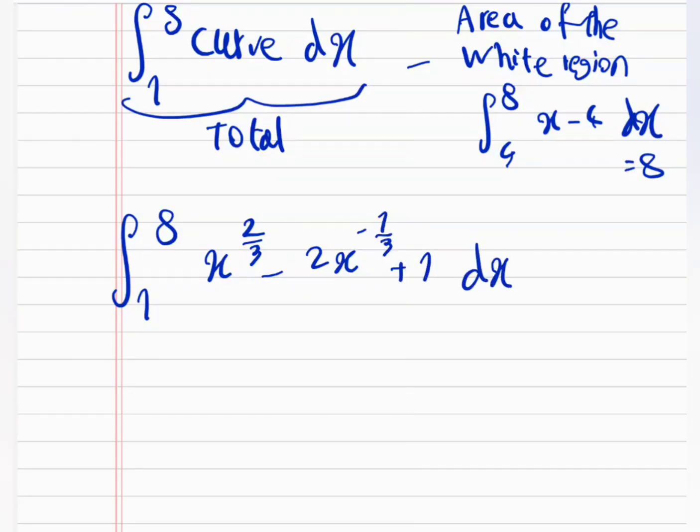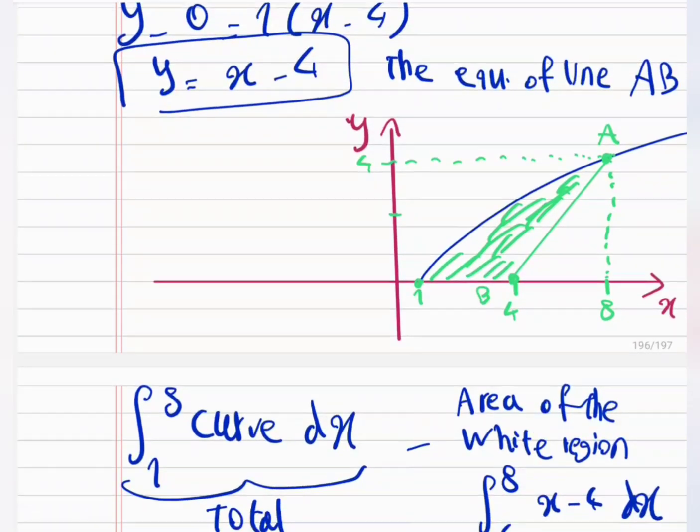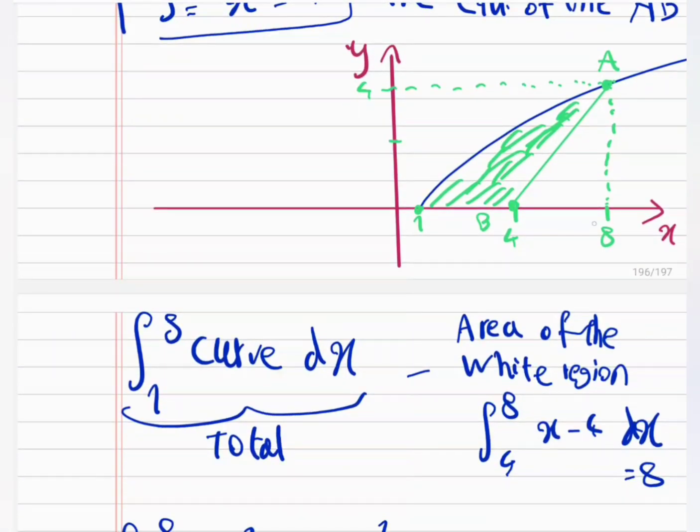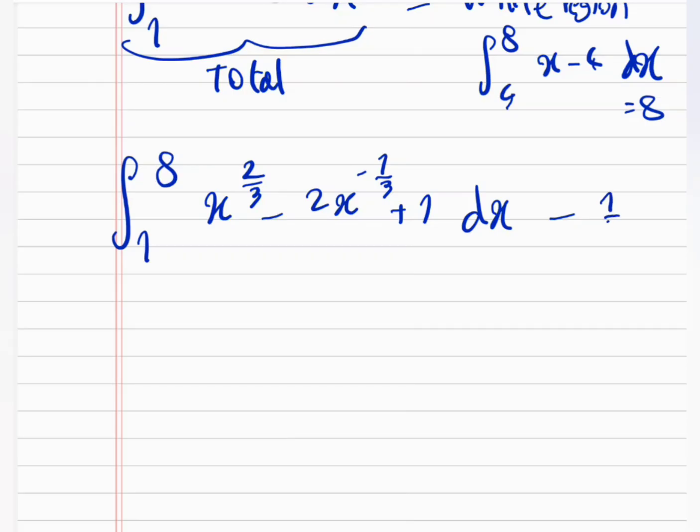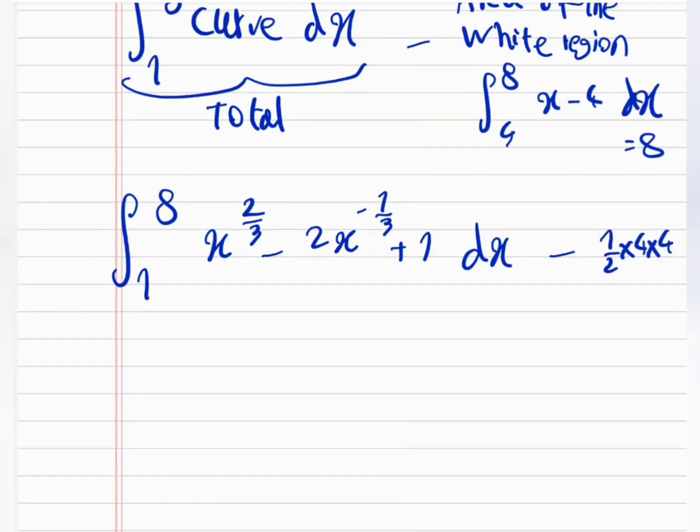So that's the part for the curve. And for the area of the triangle, as you can see, the base is 4, the height is also 4, so we have a half times 4 times 4, and again, as you can see, this is equal to 8.